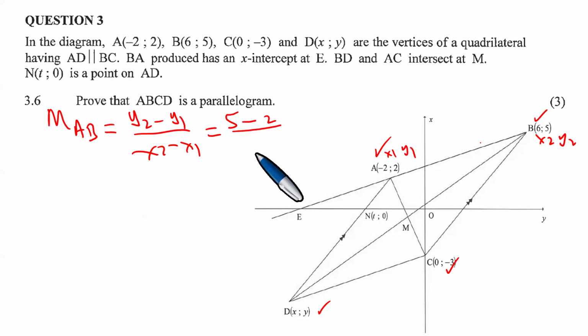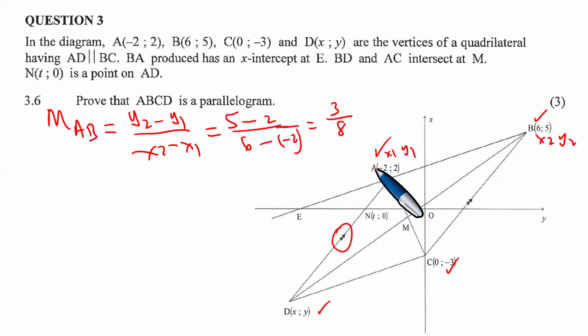Y1 is 2, divided by x2 is 6. X1 is minus 2. Therefore, we have 5 minus 2 giving us 3, and 6 plus 2 gives us 8. So this gives us exactly the gradient of the line AB. We already know that AD is parallel to BC, and now we continue to write the following.